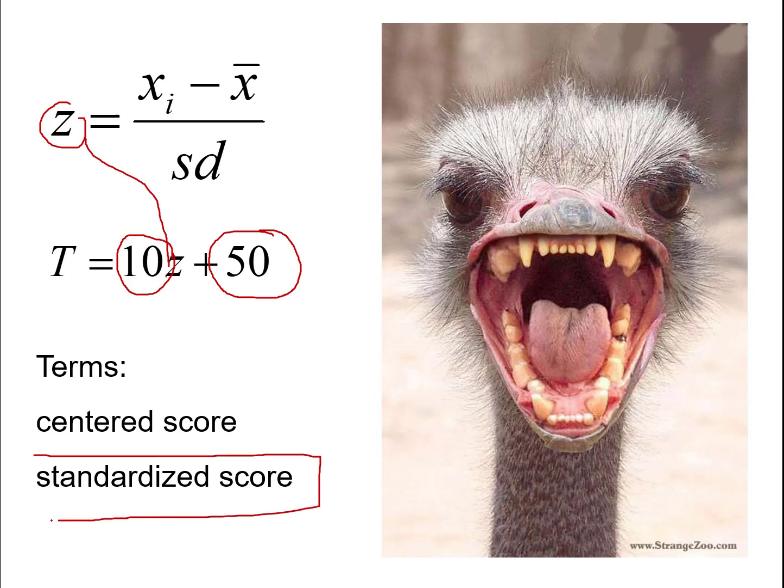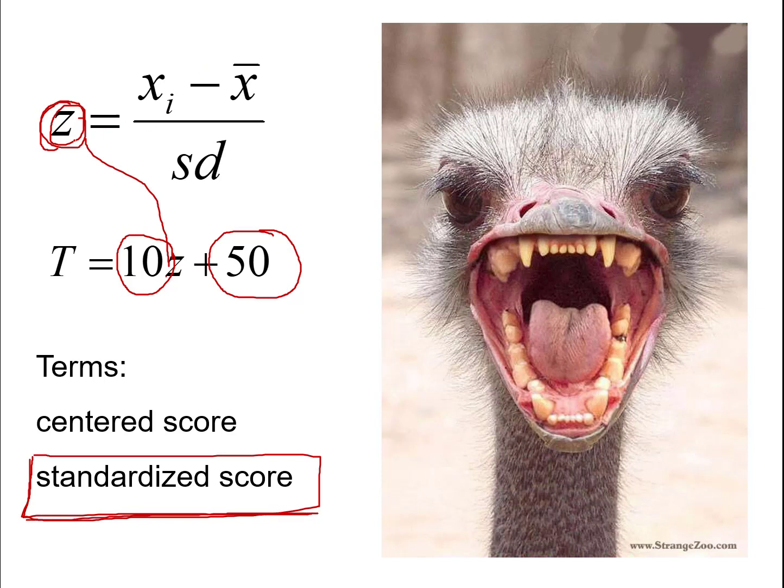So a standardized score is a score that's based on z-scores, based on standard deviation units. If I create a z-score, because it's based on standard deviation units, I'm going to call that a standardized score, because standard deviation units always have the same meaning.